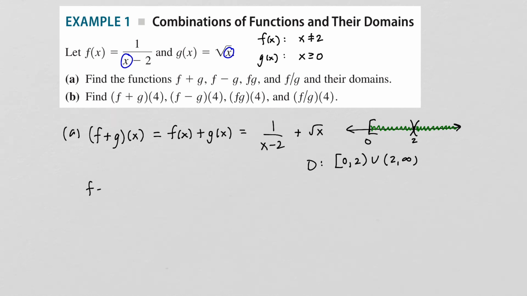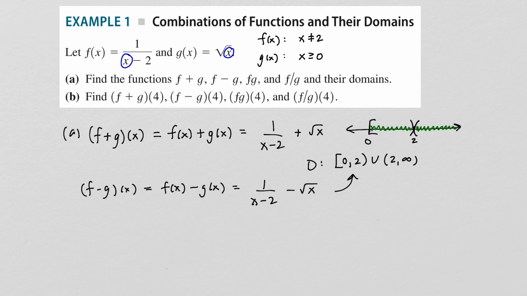For f minus g of x, it's basically the same thing. It's just subtraction. So it's f of x minus g of x. So this will be 1 over x minus 2 minus radical x. And the domain will be the same domain.